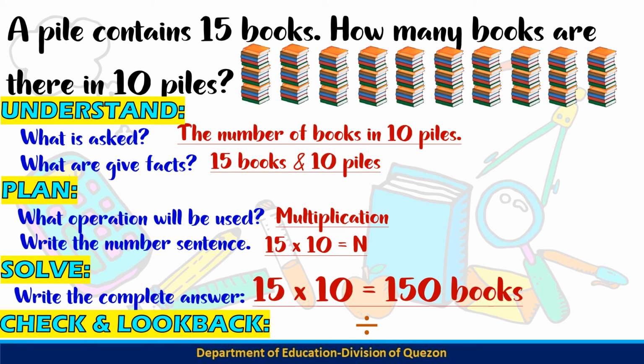Okay, the label is books kasi books ang hinahanap. Then, let us check and look back if your answers are correct. 150 divided by 10 is equal to 15, or 150 divided by 15 is equal to 10. Lagyan ng tama ang inyong sagot kung tama nga ang inyong kasagutan.